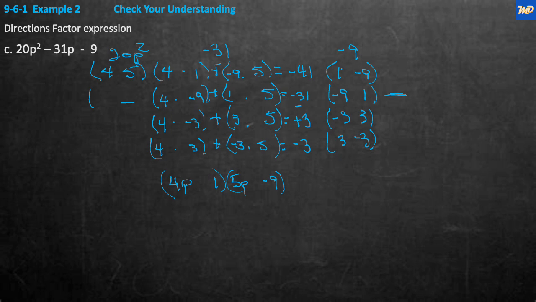And this is negative, and therefore this is positive 1. 4 times 5 is 20, p squared. 4 times negative 9 is 36, plus 5 is 31. There's our negative 31. And negative 9 times 1 is negative 9. There's our answer. Okay, I think that worked out pretty good for us.